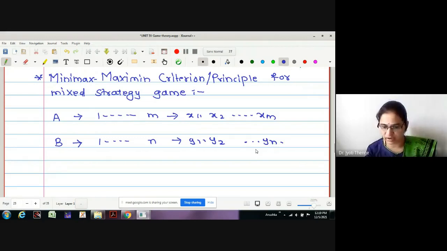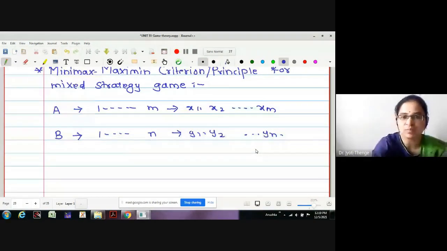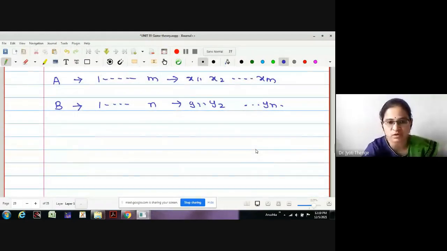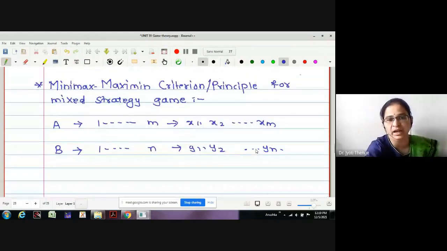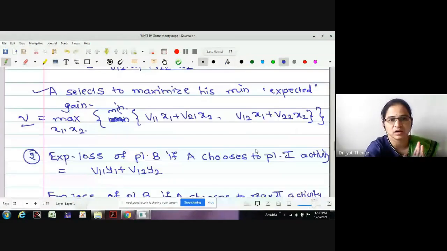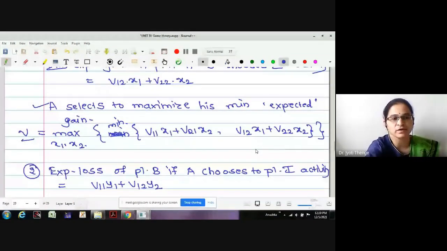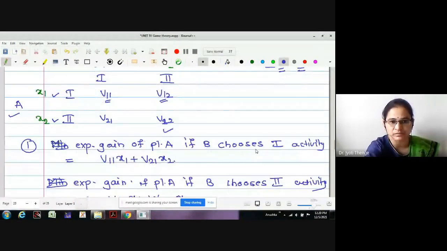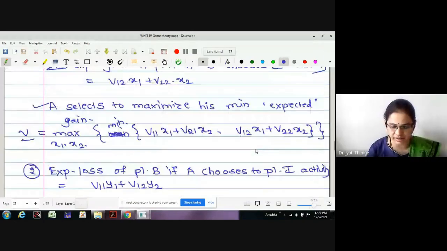Now we will write the payoff matrix and also find the max min and min max of expected loss and expected gain as we have done in this example of two activities for each player. Plus we will generalize this, right?